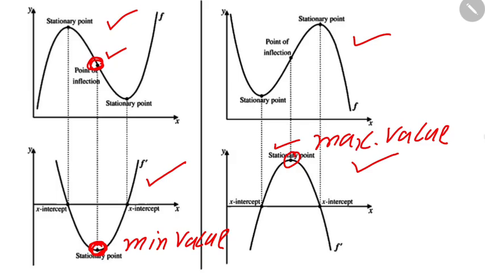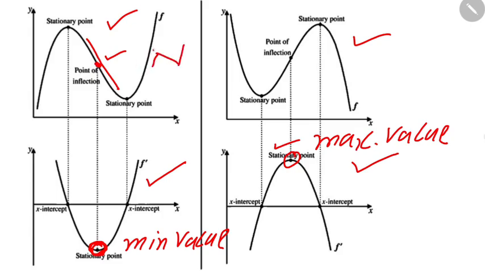So must remember, let me draw the tangent line. Say this is the tangent line. So here the point of inflection is going to be the minimum gradient of tangent.